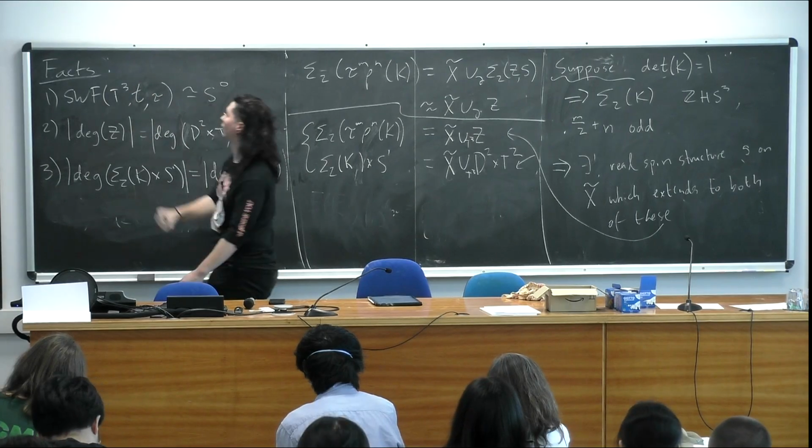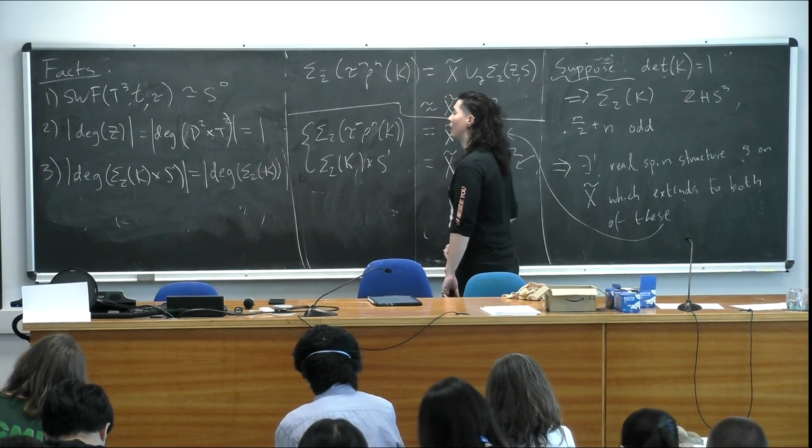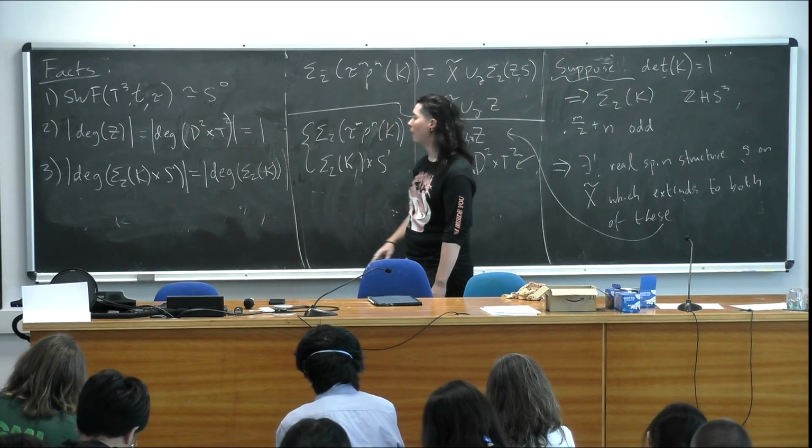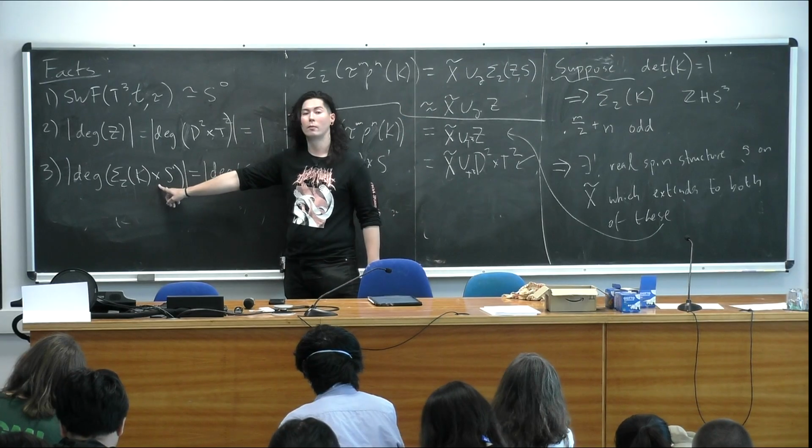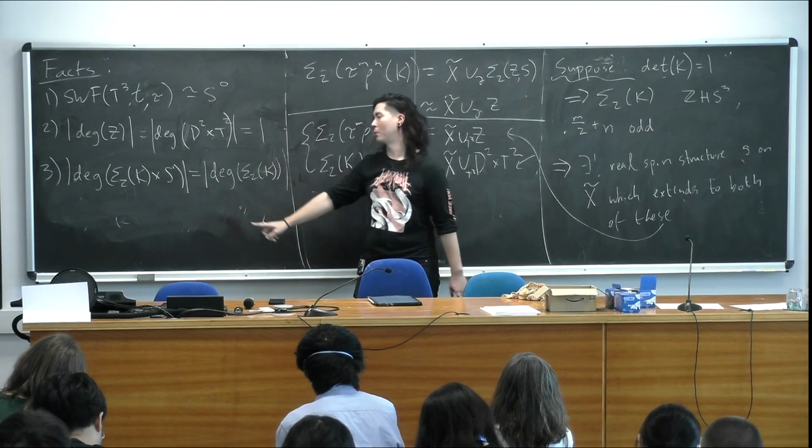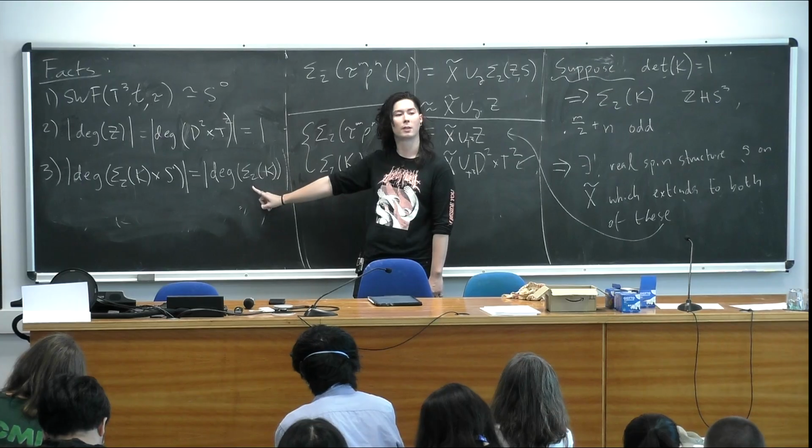That's a spin structure. Okay, so this is an invariant of a 4-manifold, right? Degree of a map between spheres, and this is the invariant of the 3-manifold, that is the Euler characteristic.